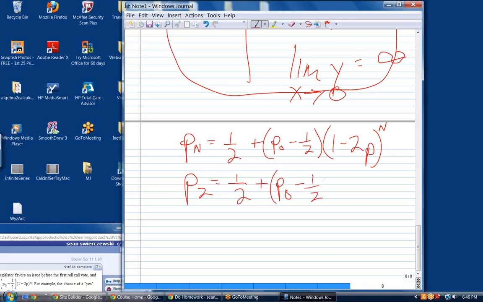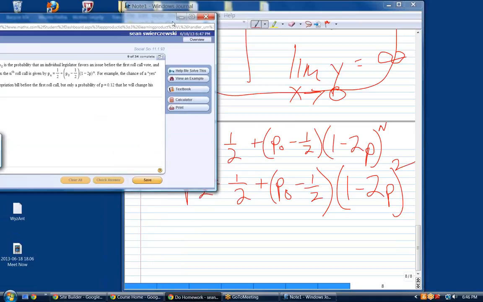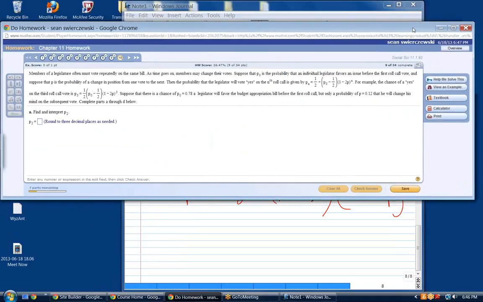P sub 0 means the first one. Find and interpret P sub 2.